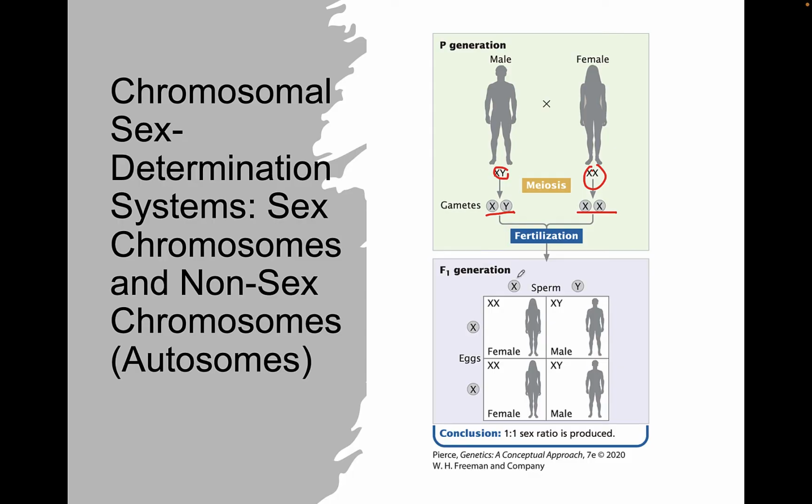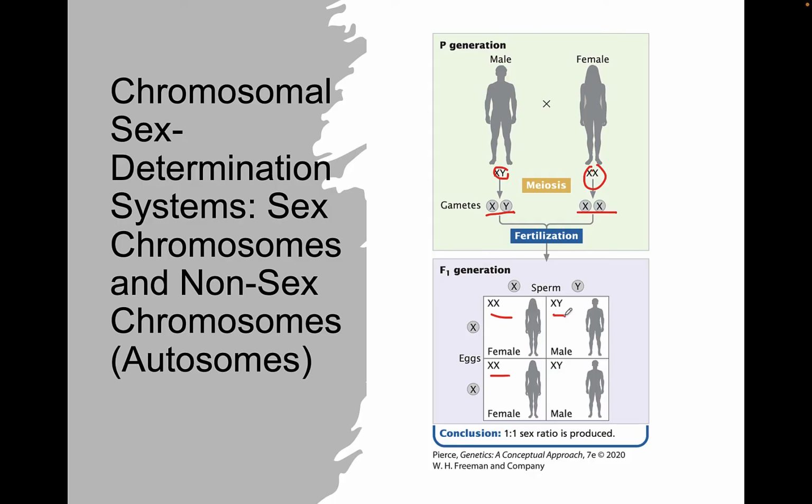If you set it up as a Punnett square, with the father on the top and the female on the side, one egg is going to carry an X chromosome and a sperm could carry an X or a Y, and coming together they determine the sex of the potential progeny.